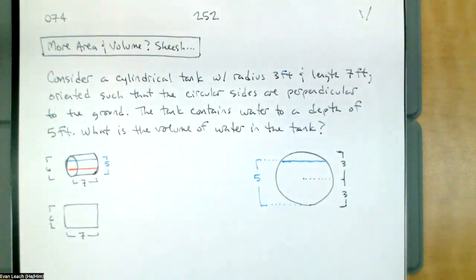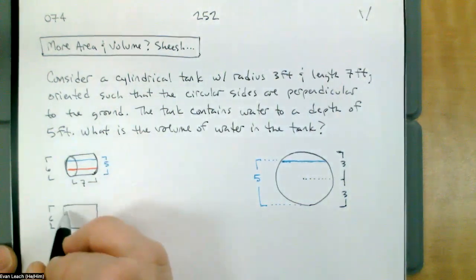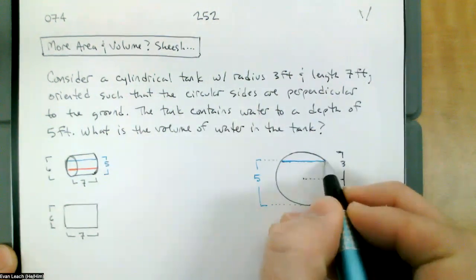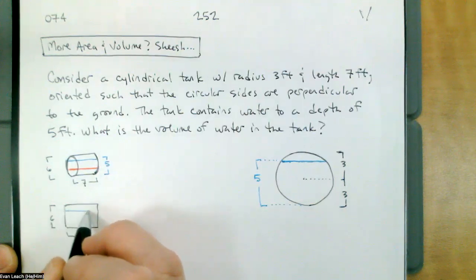And on this one, we can't quite see the roundness going up and down, but the water is to a depth of 5 feet. And so we can see it's going to catch the sides at some point and just kind of have the shape of a rectangle.